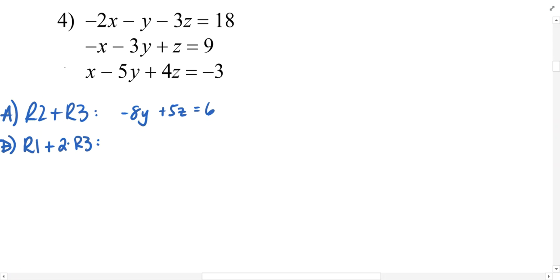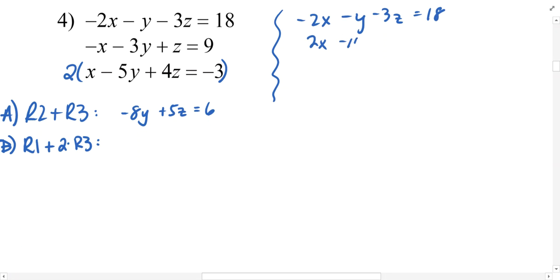Now that B equation is going to come from doubling row 3, and I have to double everything in row 3, and I'm actually going to show this off to the side. So row 1 looked like negative 2x minus y minus 3z equals 18. And if I double row 3, everything in row 3 becoming doubled, I now have 2x minus 10y plus 8z equals negative 6.